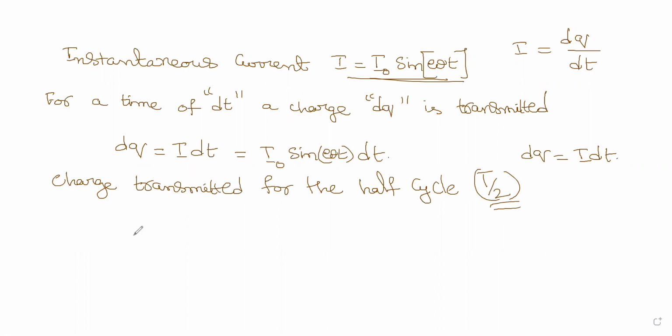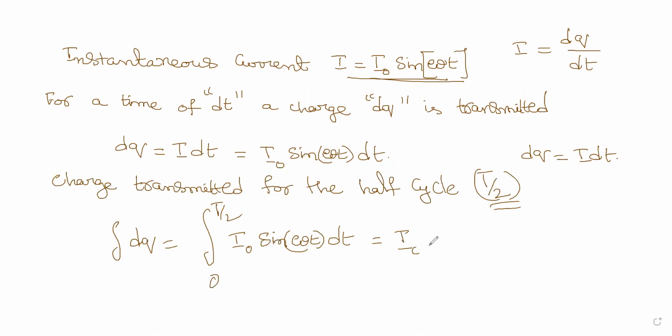And now we simply have to integrate. Integral dq is the integral from 0 to t by 2 for the half cycle. So we need to integrate this expression I naught sine omega t dt. I naught is out. So integral 0 to t by 2 sine omega t dt. Note it up to this point. We'll integrate this and write the final expression.